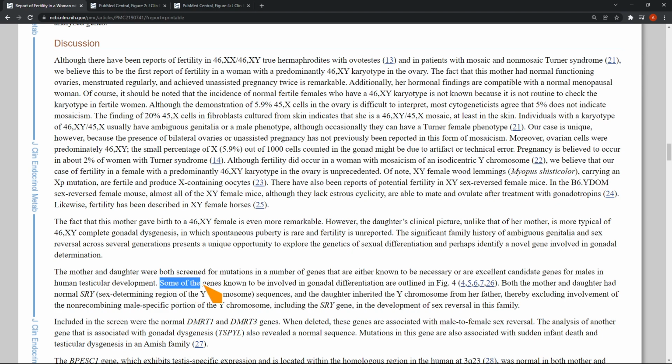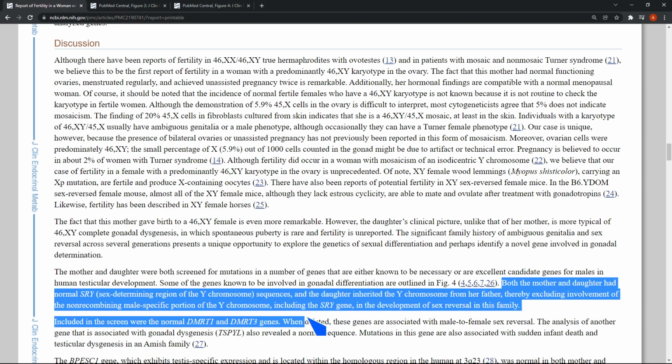"Some of the genes known to be involved in gonadal determination are outlined in Figure 4," and then there are citations for that. Right, and in Figure 4, they outline that these genes look normal to reference sequences, and would otherwise be functioning fine in men, but not in these two women.